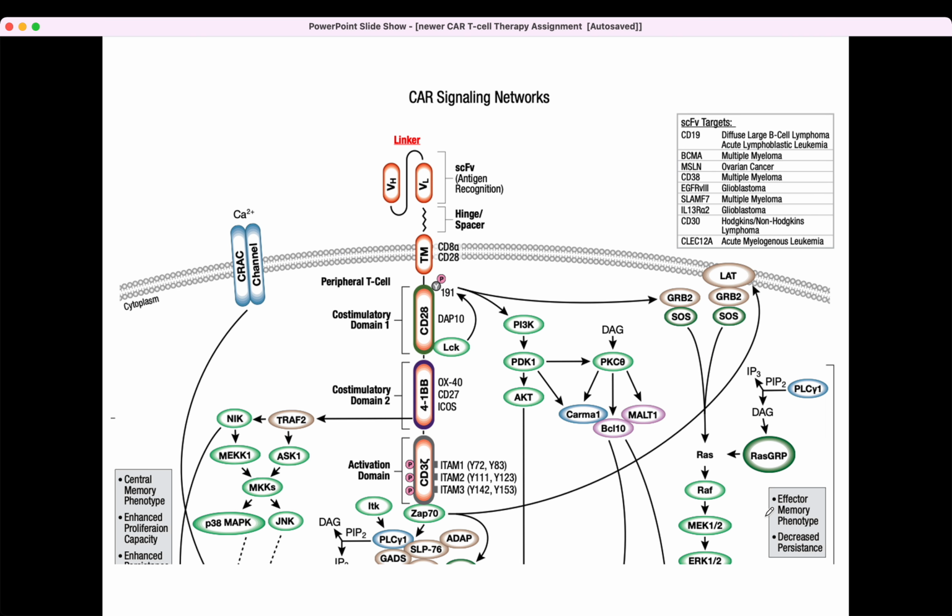Here's a more complicated one showing those three receptors now bundled into the one transgene, CAR gene and CAR protein. So we have that extracellular binding domain made up of the antibody, then that transmembrane hinge or linker region, and then the three domains of these three receptor proteins all put together in one.